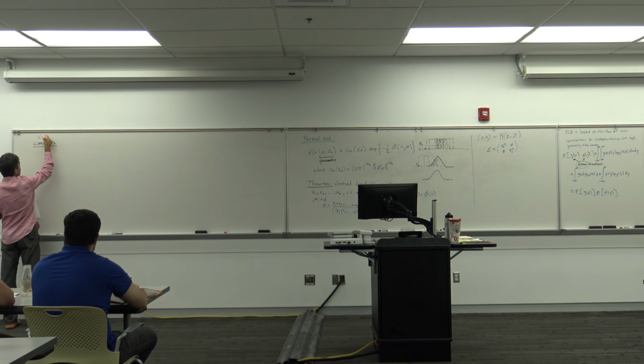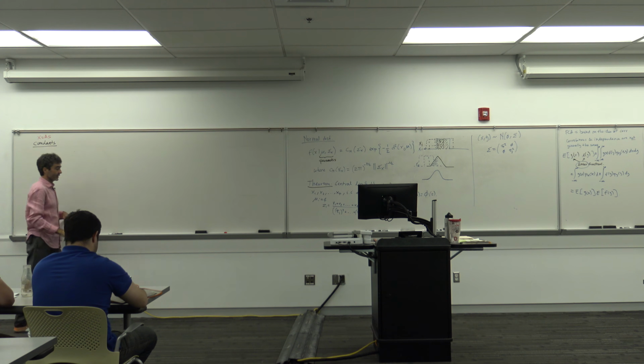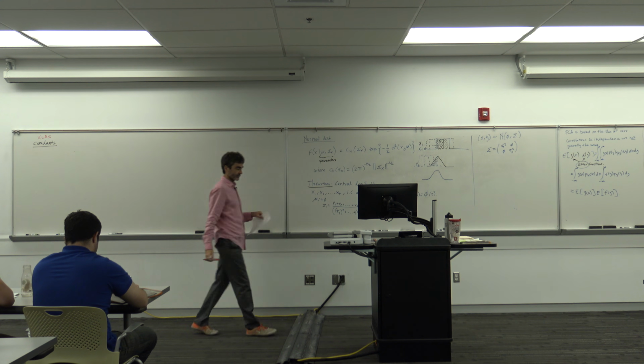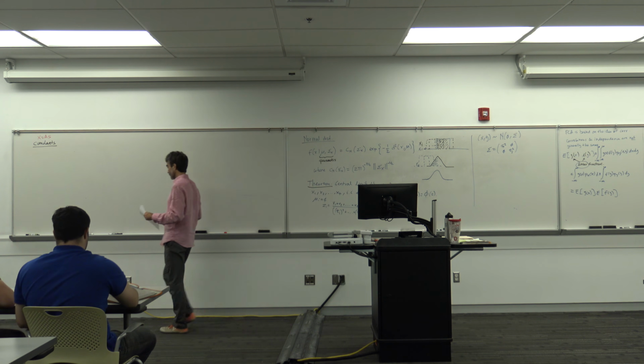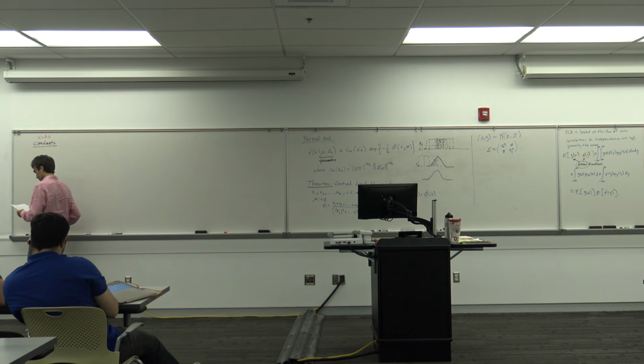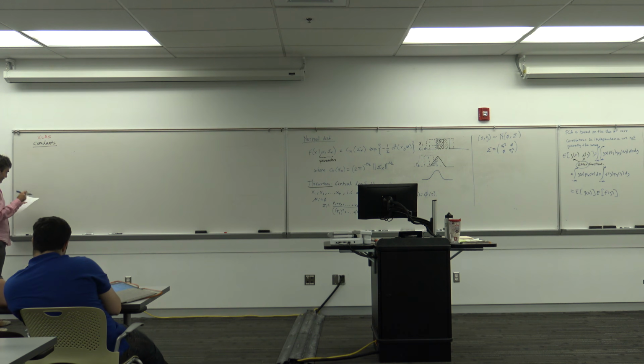X equals AS. Super important to remember this model. So as always, x is a zero mean scalar random variable, as we have defined before, and its marginal distribution is p_x of x, okay?